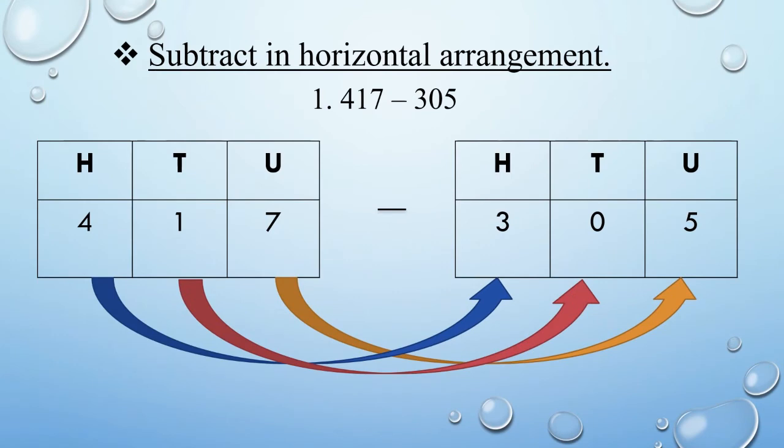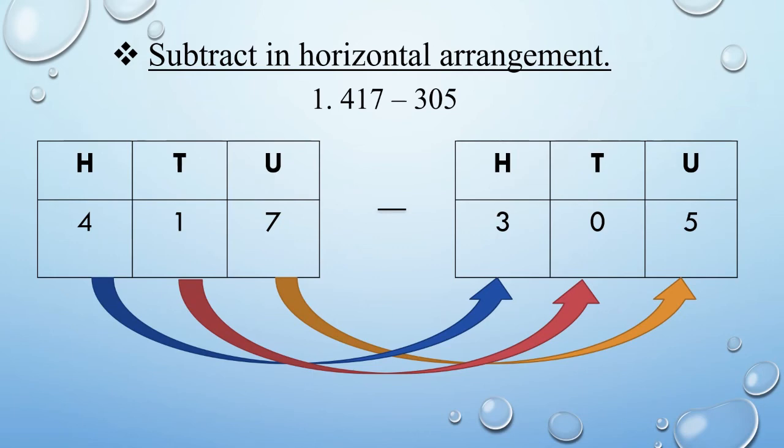Student, here the first example of subtract in horizontal arrangement, that is 417 minus 305. As we know, student, we have to subtract units from units, tens from tens and hundreds from hundreds. So here first we will begin the subtraction from the units column, that is 7 units minus 5 units is 2 units.